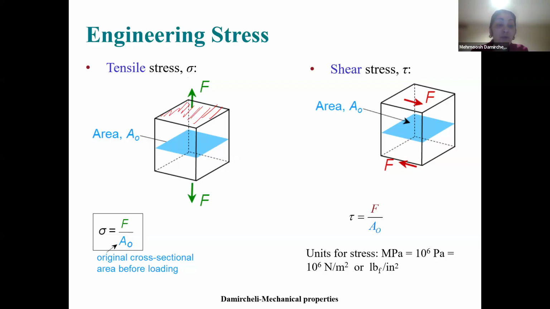So if we use the real or instantaneous A, sigma will be more accurate, and we call that true stress. Here we have shear force parallel to the cross-section area. Again, the engineering tau or shear stress is the force divided by A naught, the original or initial cross-section area.